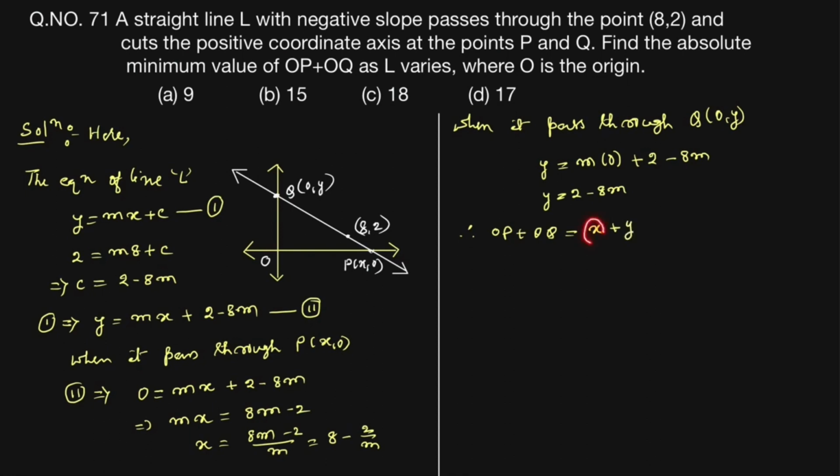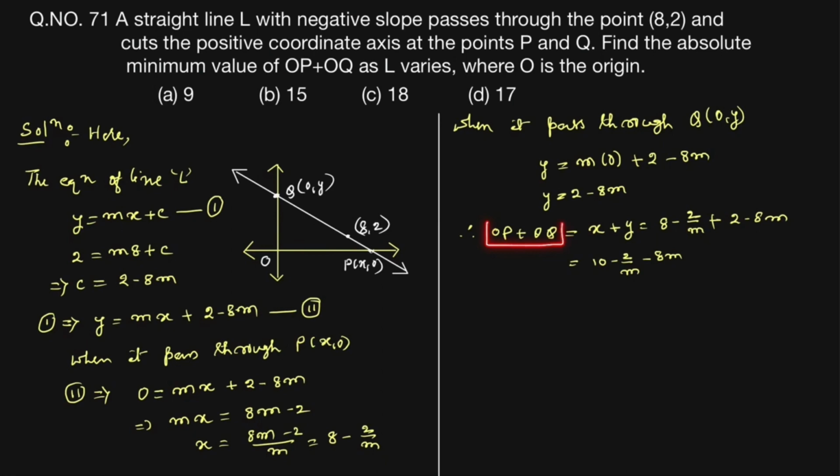For the value of x we write this value, and for the value of y we write this, then which is equal to 8 minus 2 by m plus 2 minus 8m, which is equal to 10 minus 2 by m minus 8m.